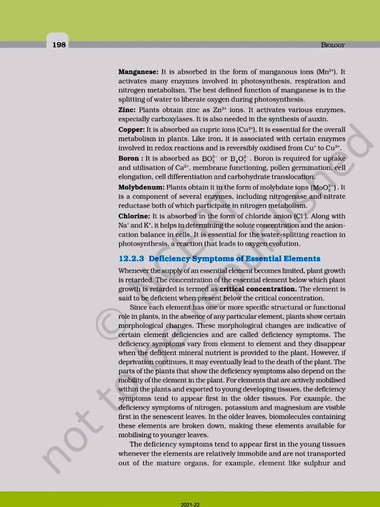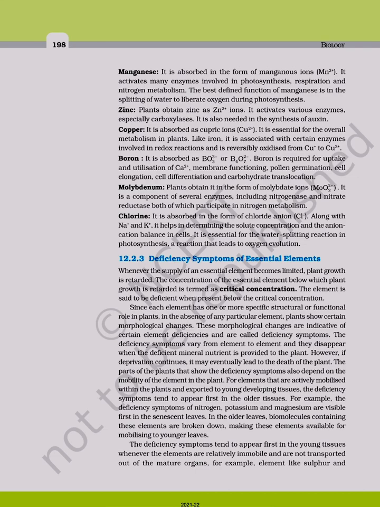Copper. It is absorbed as cupric ions, Cu²⁺. It is essential for the overall metabolism in plants, like iron. It is associated with certain enzymes involved in redox reactions and is reversibly oxidized from Cu⁺ to Cu²⁺. Boron.